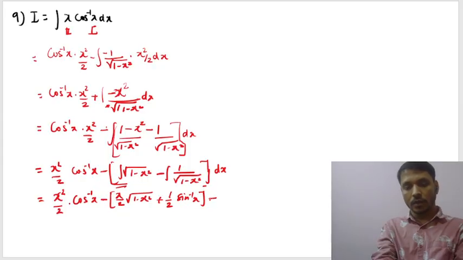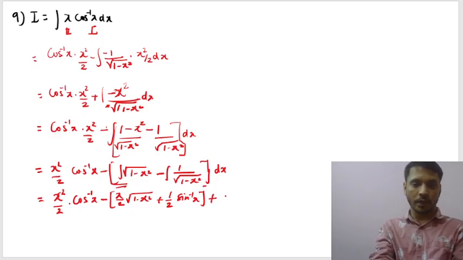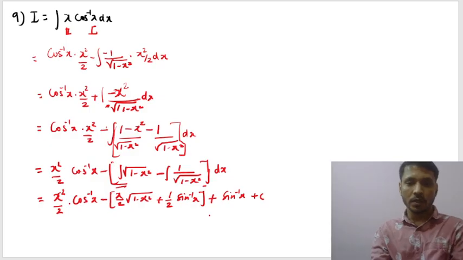And from this, if you open the bracket, it will become minus minus plus sign, and from here we will get sine inverse x plus c. So this is the answer.